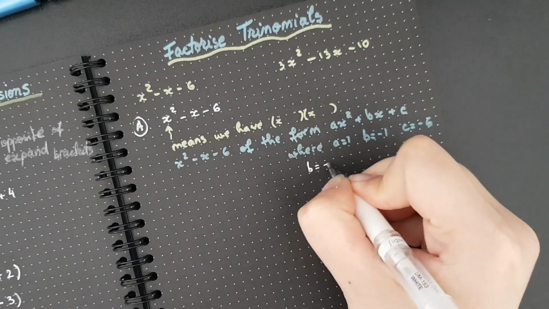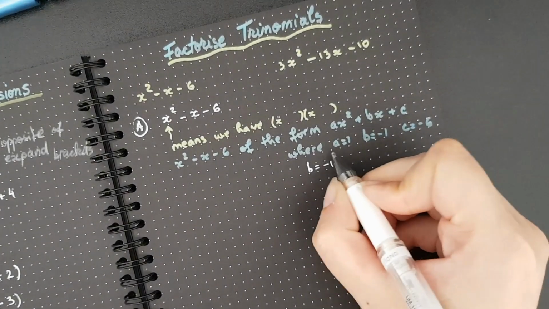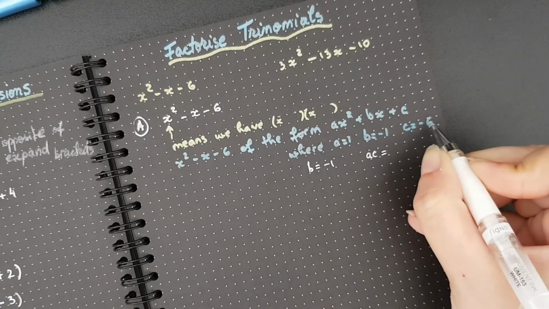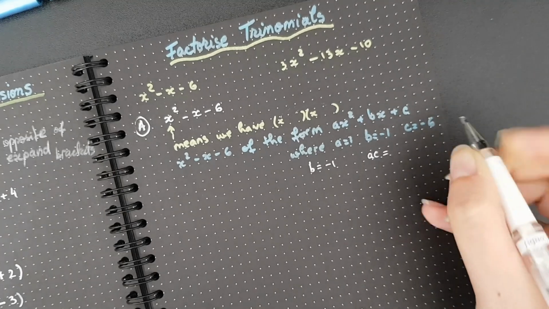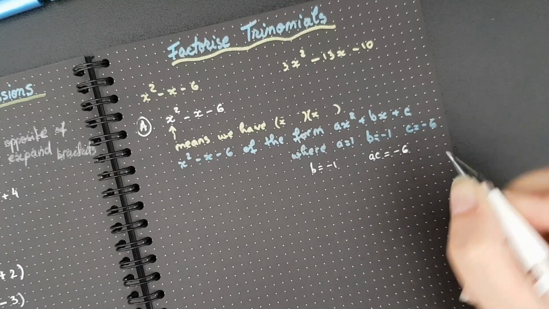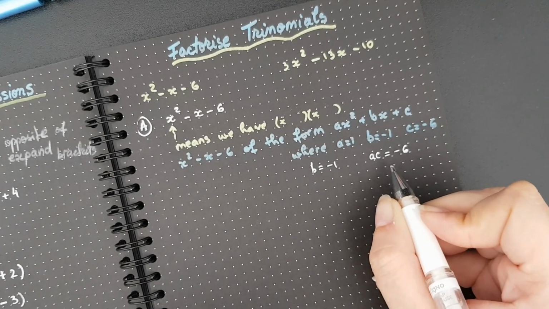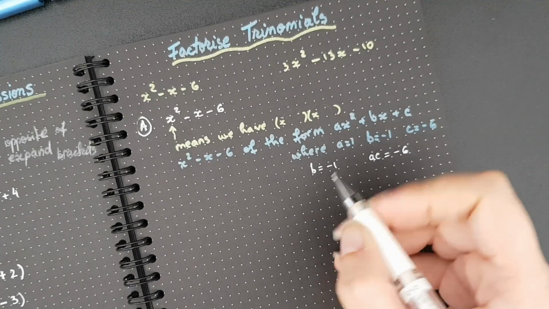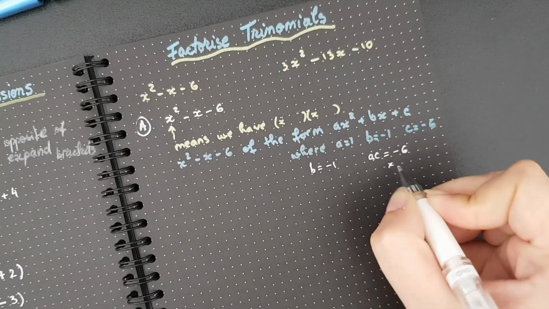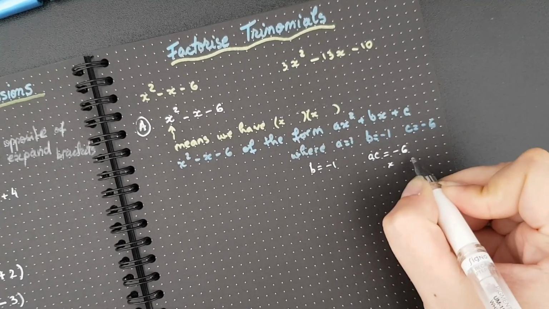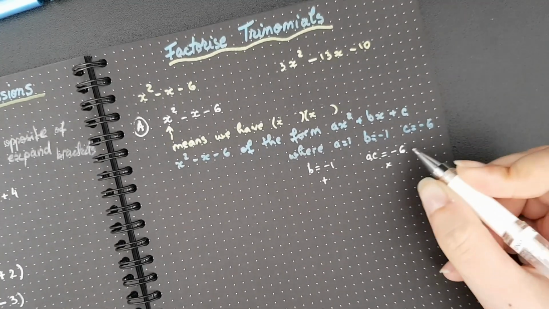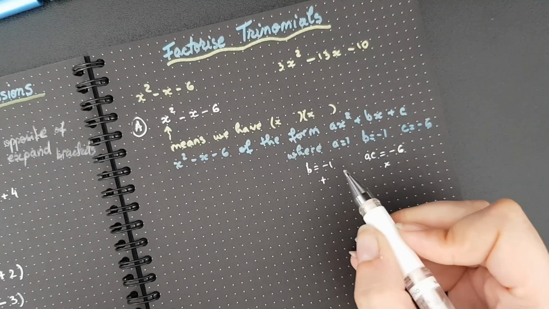And I always look at a times c. Now for this one it could be like, oh, but that's a 1, it's -6, so it doesn't actually change much. True, but they are actually going to help me a lot. So what I need to do next is I need to find two numbers that multiply to give me -6 and the same two numbers that add to give me, sorry, 1.